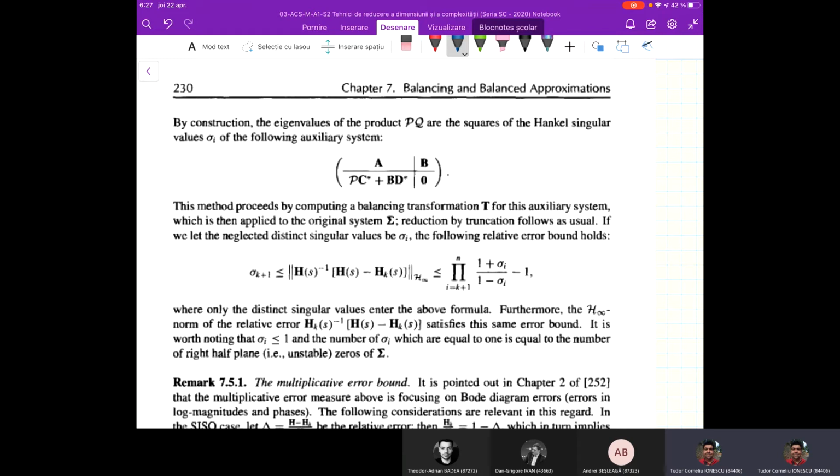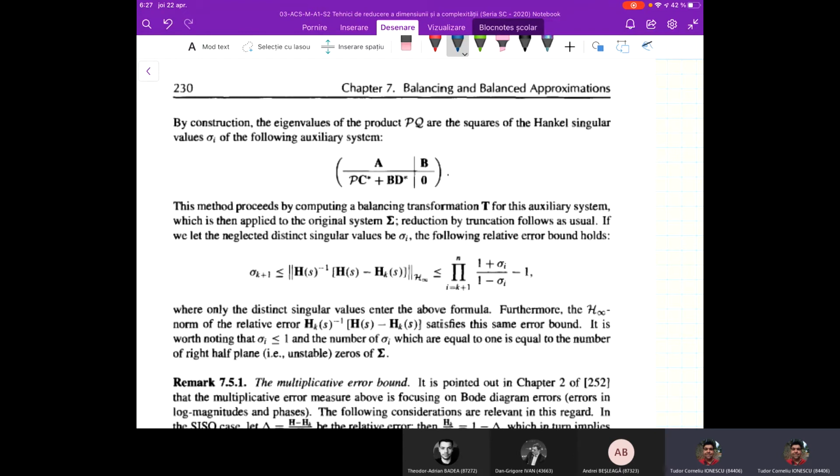So essentially, for these specific cases, such as unstable, stochastic, and so on and so forth, you build extended or auxiliary systems. If you build these, then you do classic balanced truncation on these auxiliary systems.